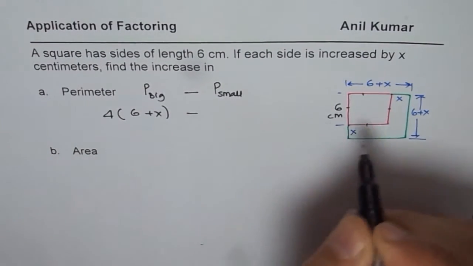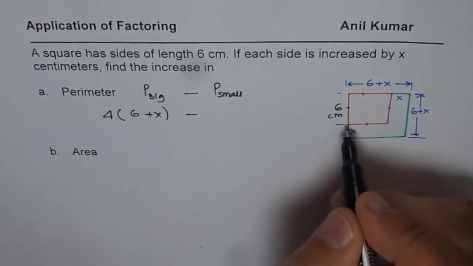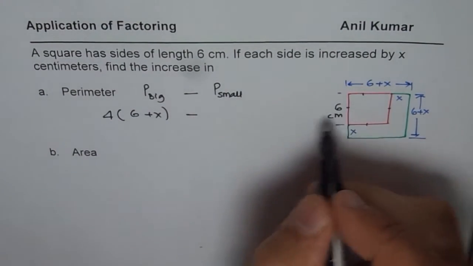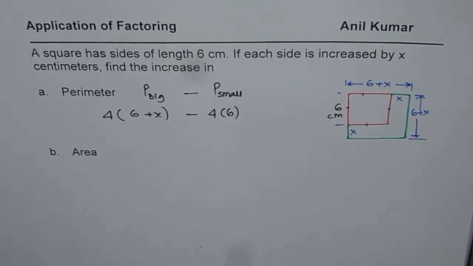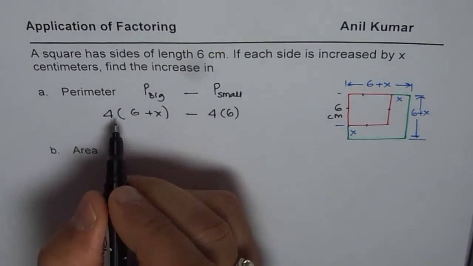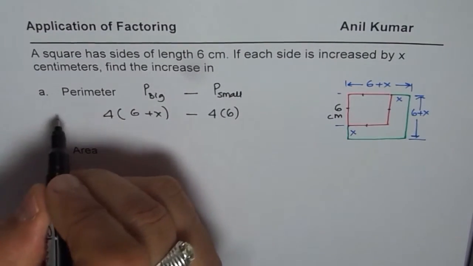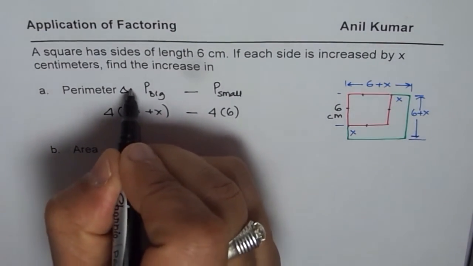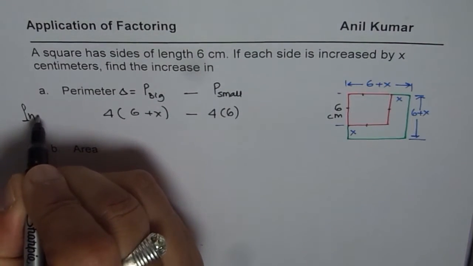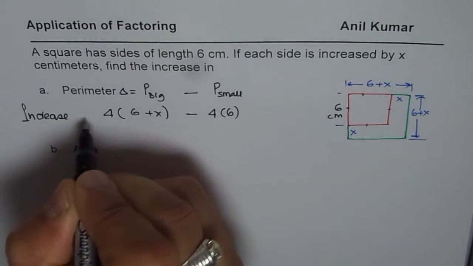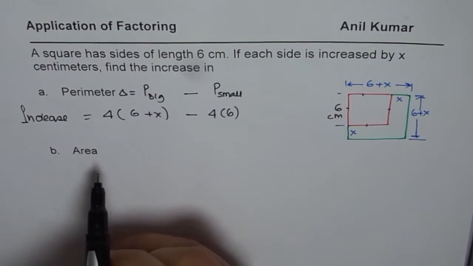As far as the small one is concerned, the red one here, it will be 4 times 6. So that is how you get the increase in perimeter. Perimeter change equals this.